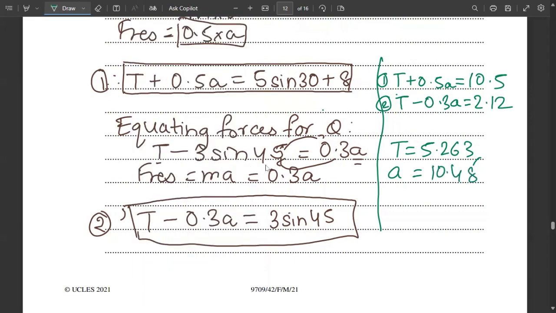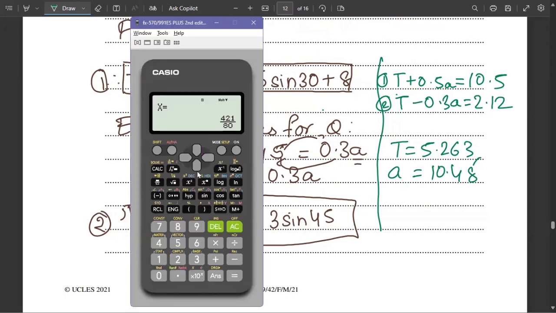Even though this is not required, we can just write it down. T minus. Yeah. So now we are done with this question.